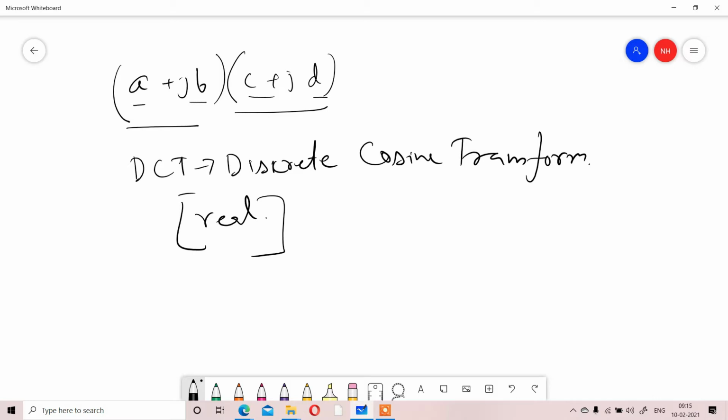So if the transfer function parameters are real, then whenever the multiplication happens with the transfer function, simply real multiplication will happen. There should not be any imaginary or complex value. So obviously the complexity is reduced by 4 times compared to the DFT. So if we use the DCT, the complexity will be reduced compared to the DFT.